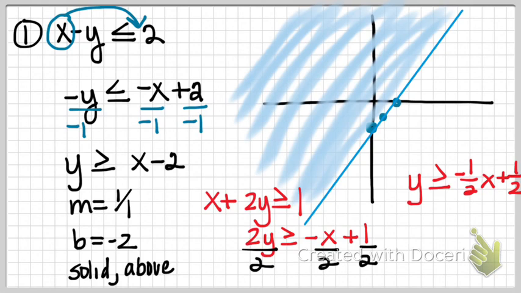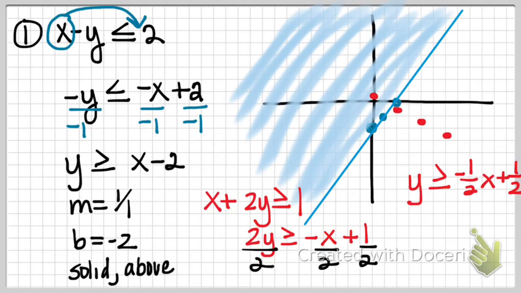So you're going to put a point at the 1/2. And then from here, you're going to jump down 1 to the right 2. Down 1 to the right 2. Down 1 to the right 2. Is this one going to be solid or dashed? Dashed. Ooh. Oh, wait, solid.